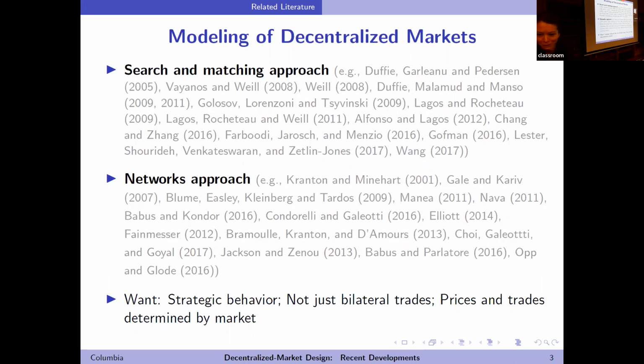Most modern models of decentralized markets are based on graphs, random or fixed. One approach popular in parts of macro and finance assumes that trade takes place through a random matching in large markets among a continuum of traders who are small relative to the market.